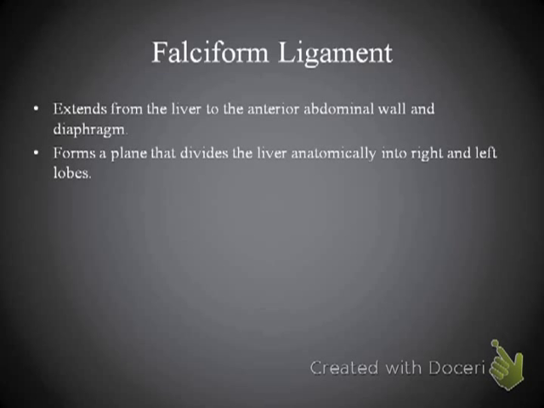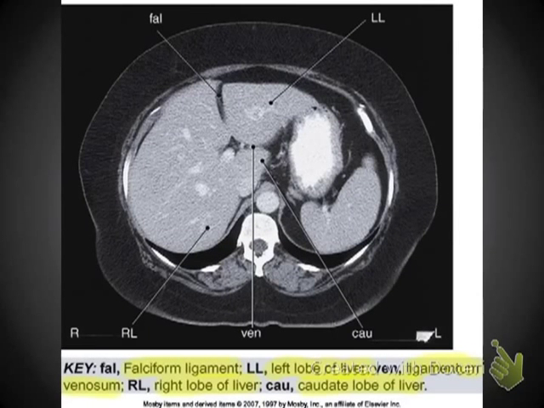So moving forward, we have a certain part of the liver known as the falciform ligament, however you would rather pronounce it. And we see that it extends from the liver to the anterior abdominal wall and diaphragm. And it is what really divides the liver anatomically into left and right lobes. And so we'll see this as we look at an image here.